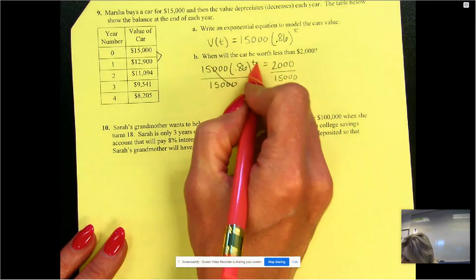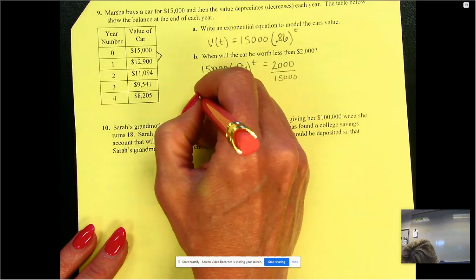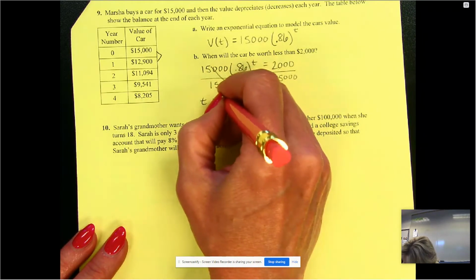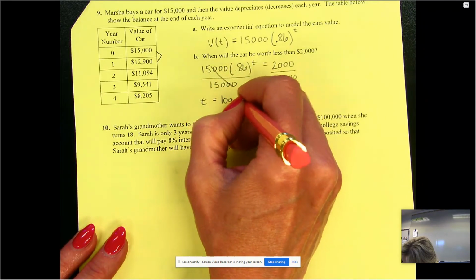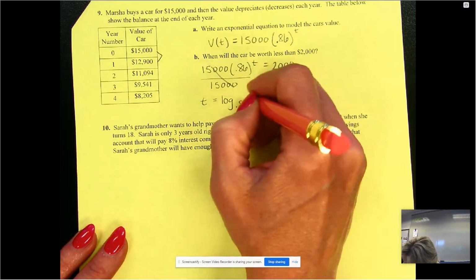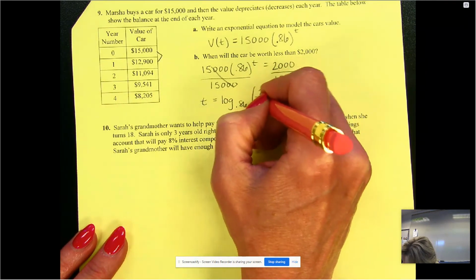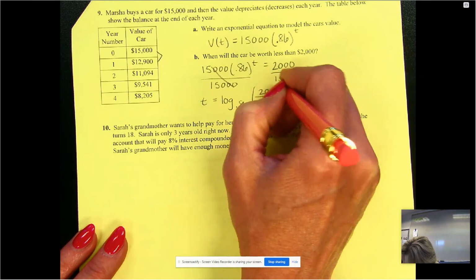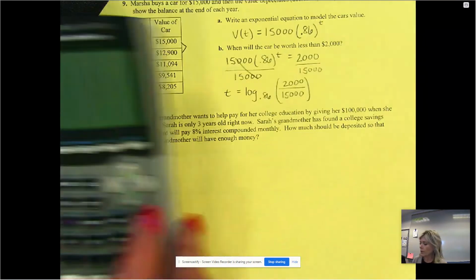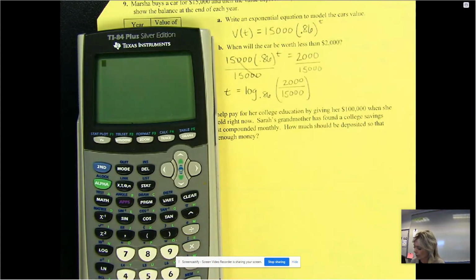So 0.86 to the t is equal to this, so t is equal to the log base 0.86 of 2,000 over 15,000. Okay, so you can find that on the calculator.